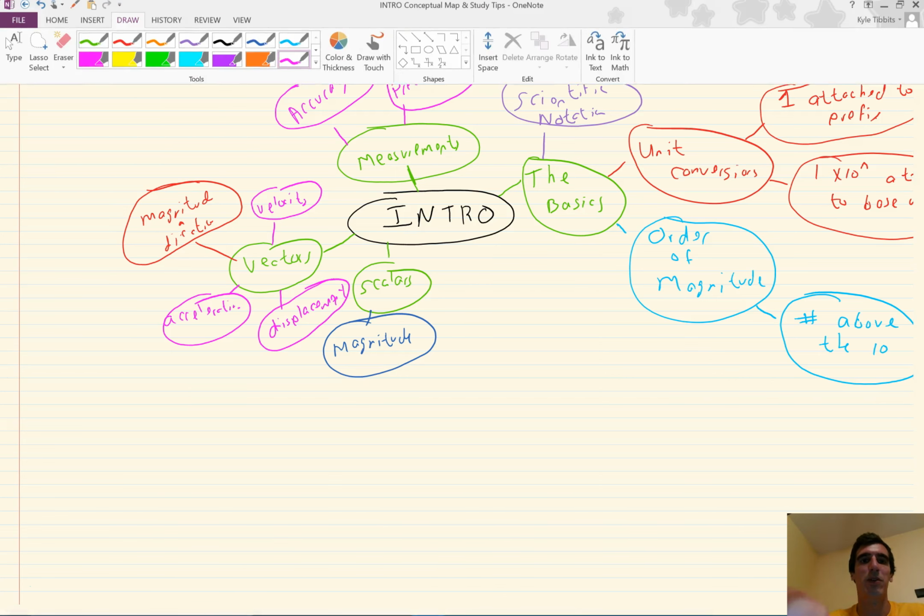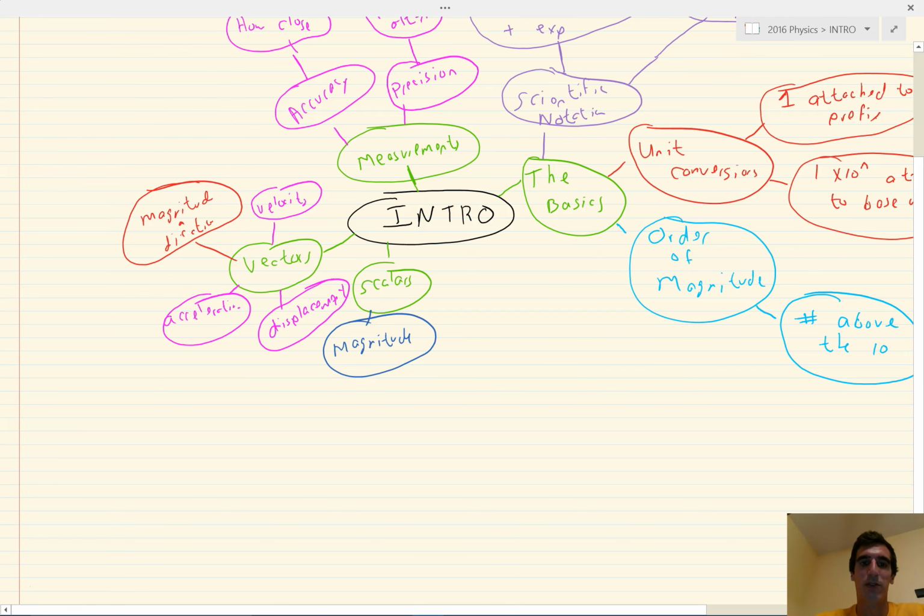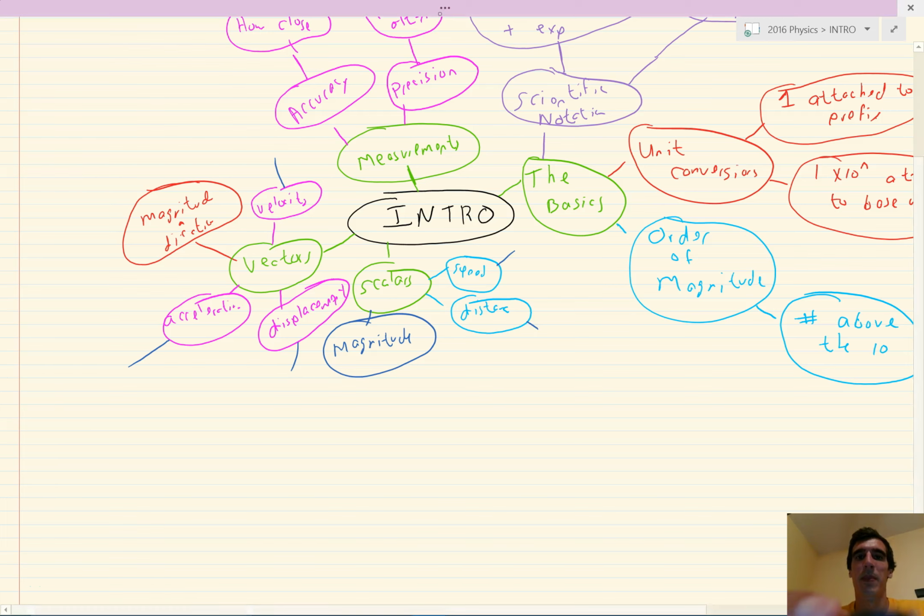For scalars, we've learned the opposites of velocity, acceleration, displacement: actually velocity, acceleration, speed, running out of room here, speed, and distance. Okay, so if you had space, what I would do if I were you is add the definition of velocity, definition of acceleration, displacement, speed, and distance.